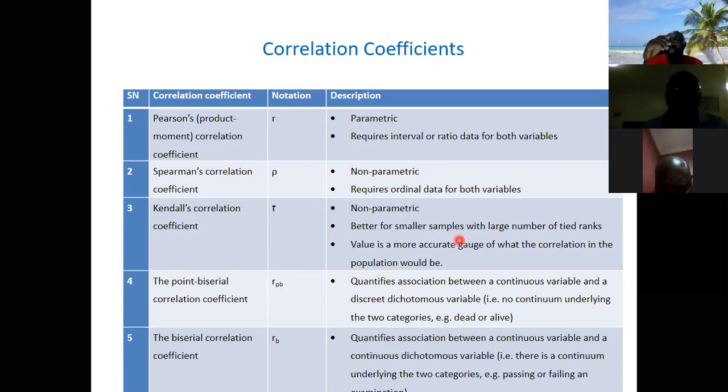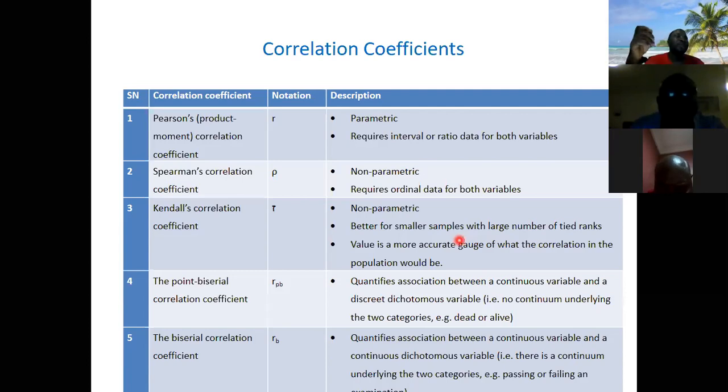When they say discrete dichotomous variable, something like sex is a dichotomous variable, discrete in the sense that there's no underlying continuum. It's not as if there was a number and they used a cutoff to get male and female. Male and female are just two categories of sex.